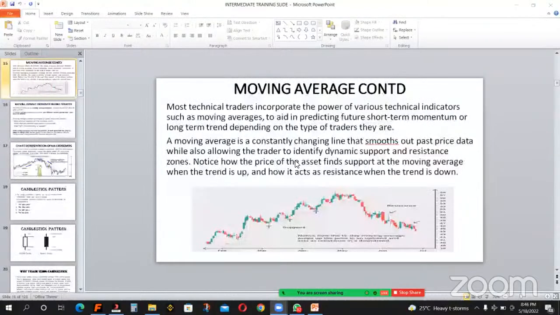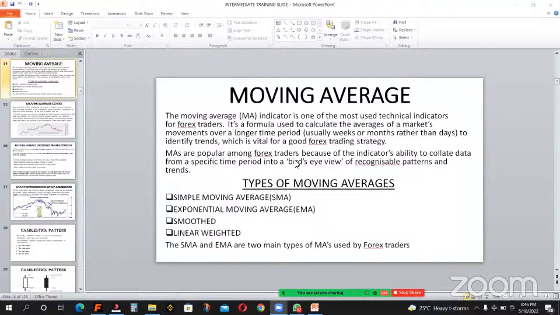So it says the moving average indicator is one of the most used technical indicators of forex traders. It's a formula used to calculate the averages of a market movement over a longer period of time, usually weeks or months rather than days, to identify trend, which is vital for a good forex trading strategy. Moving averages are popular among forex traders because of the indicator's ability to collate data from a specific time period into a bird's eye view of recognizable patterns and trends.